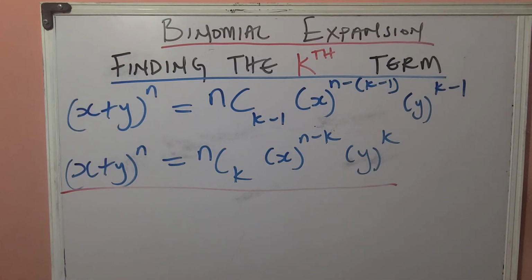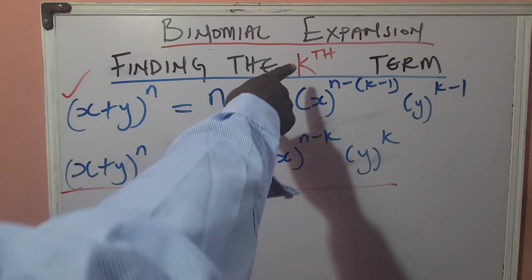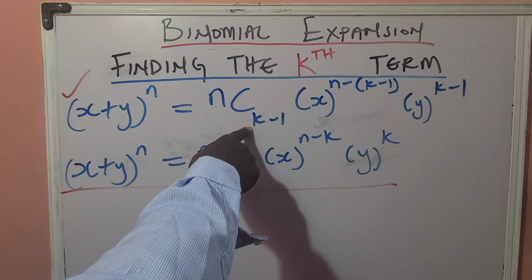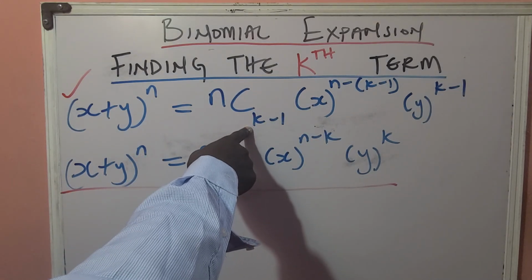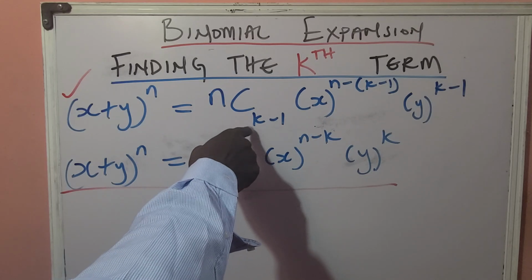But when you want to find a particular term, what you use is what we have here. So you don't use this. If you are told to find the seventh term, that means your k there is 7. If you're finding the sixth, your k will be 6.